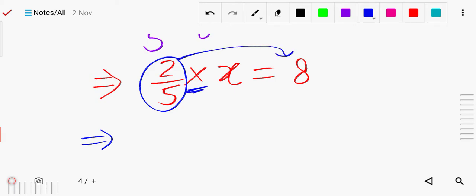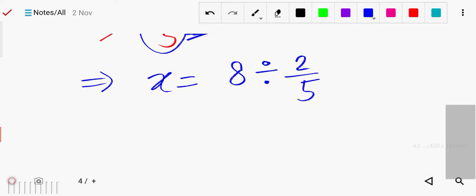Here it is with the multiplication sign, so on the other side it will be divide. We know plus will become minus, minus will become plus, multiply will become divide, and divide will become multiply. So x equals 8 divided by 2/5.